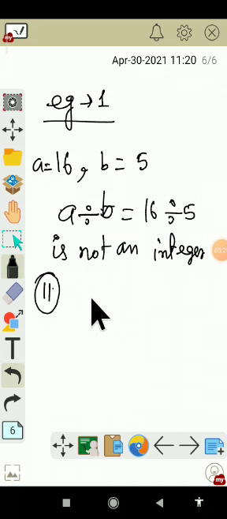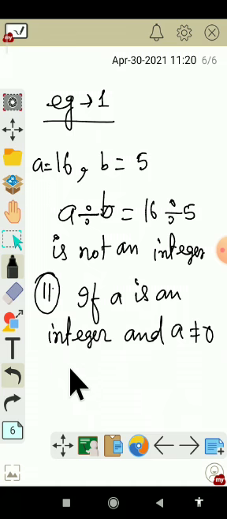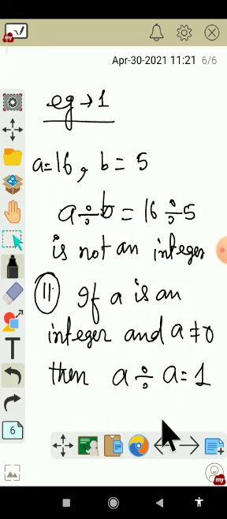Second property, if a is an integer and a not equal to 0, then a divided by a will be 1.